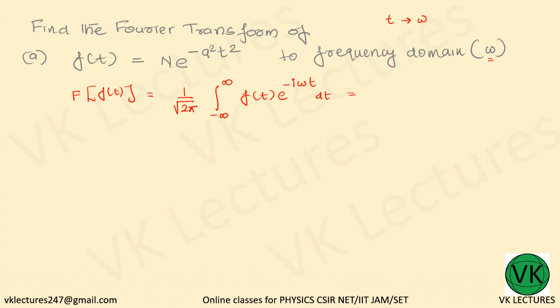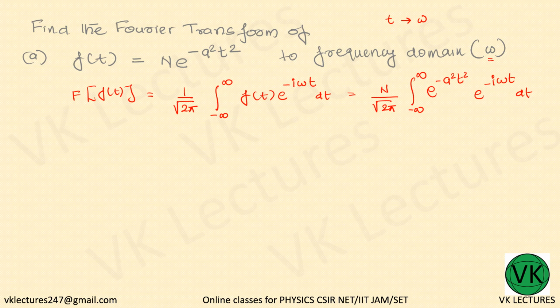let's substitute the values of f of t. So this becomes, n can be taken as constant, so n divided by root of 2 pi times the integral from minus infinity to plus infinity of e to the power minus a square t square into e to the power minus i omega t dt.